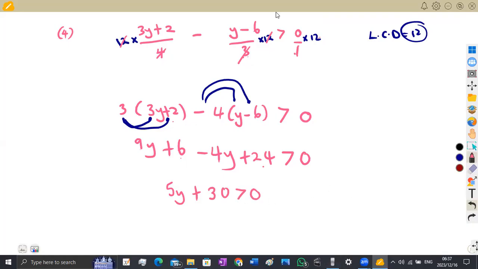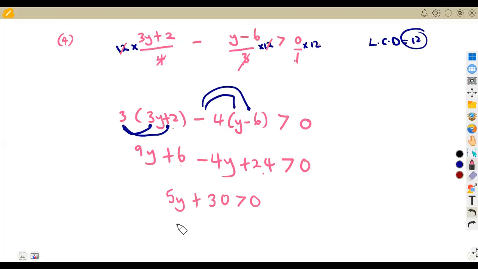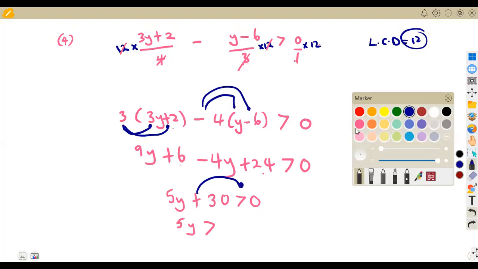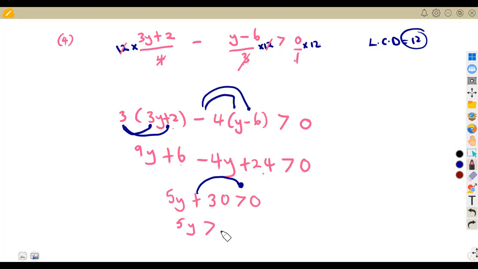So what you're going to do is to transpose as in the previous case. That will be 5y is greater than, right? Transpose 30 to the other side of the inequality. It was positive this side. So the moment it goes to the other side, it becomes negative. It changes the sign. So it was positive, so it becomes a negative 30, right?